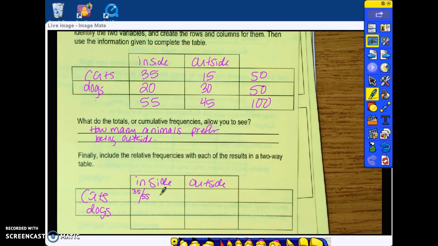To figure this out, we need to divide. When you divide fractions, the top number goes inside the house. So you would have 55 going into 35.